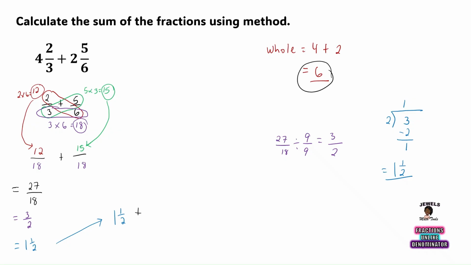So now we're going to take that 1 and 1/2, which is the answer from my fractional part of my question, and the whole number which we got from adding the two whole numbers of 4 and 2 together, and we're now going to combine or add those two numbers together to get our final solution. So we're going to add our whole numbers of 1 and 6, which will equal 7, and then we return a half back to our question.